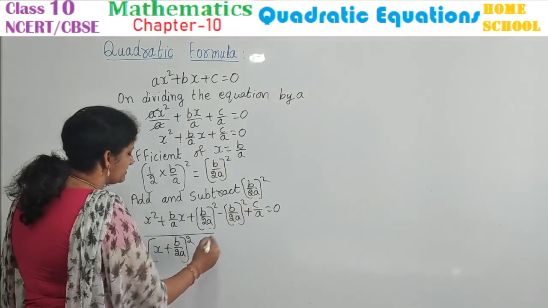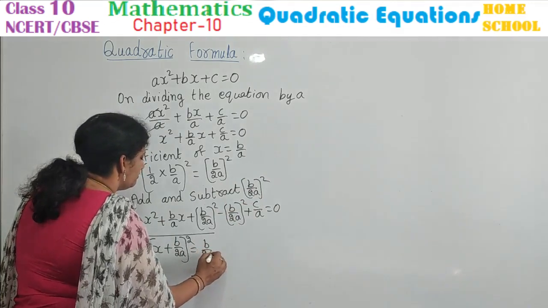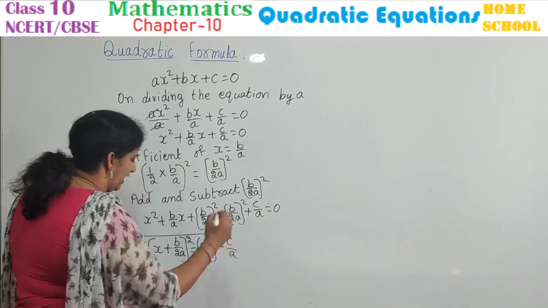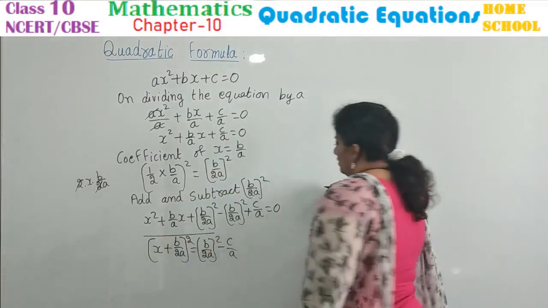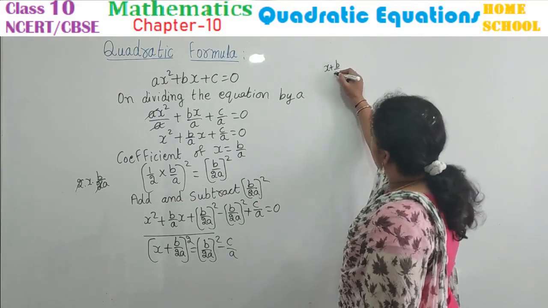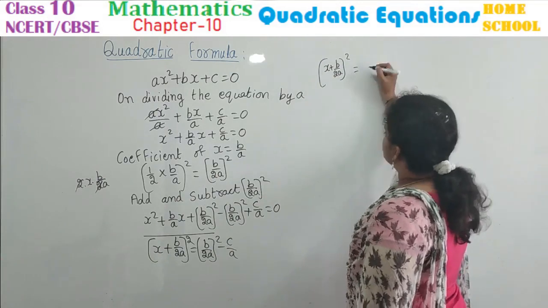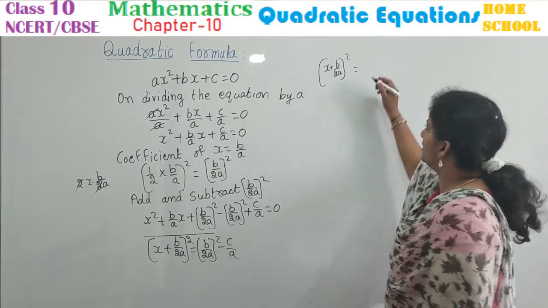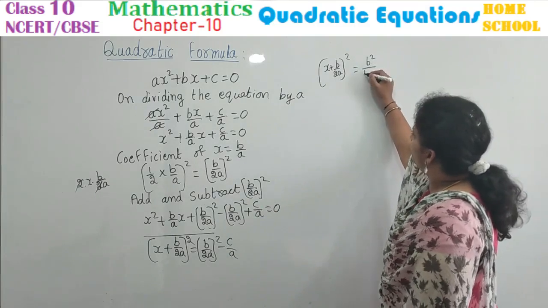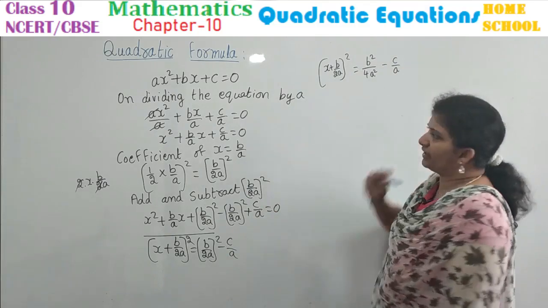Send these to the other side. Transpose them to that side: b by 2a whole square minus c by a. x plus b by 2a whole square is equal to, remove the square, children, b into b is b square, 2a into 2a is 4a square, minus c by a.